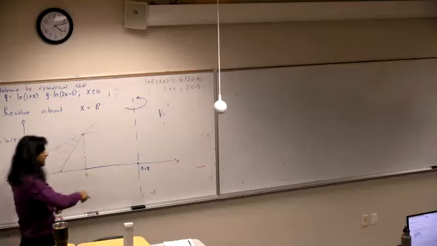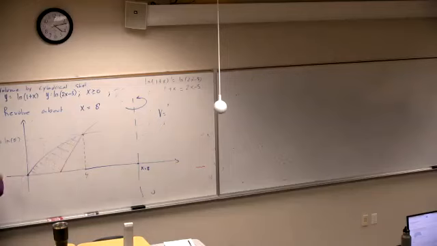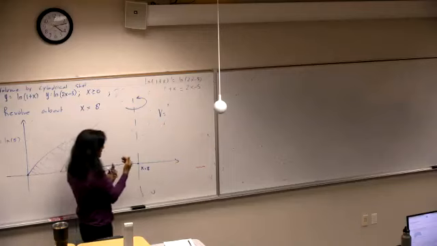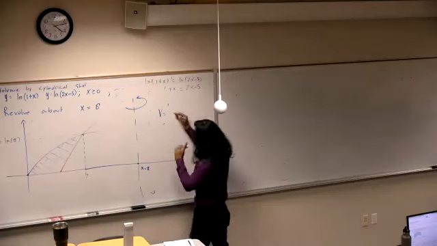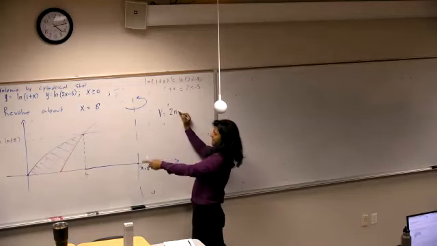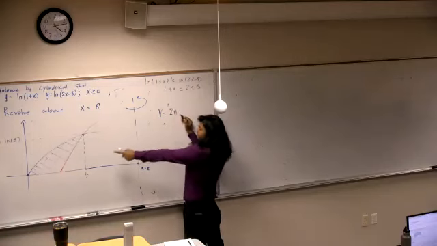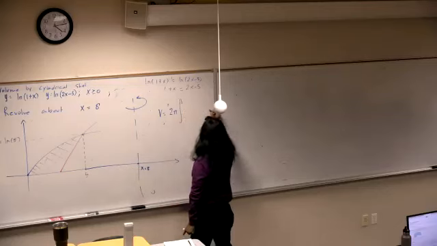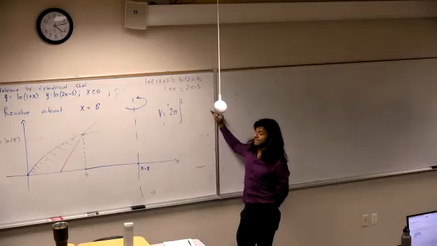Here, I'm spinning about an axis that is parallel to the y-axis. It is no different from spinning about the y-axis, just shifted. So 2 pi, spinning about an axis parallel to the y-axis. So this has to be, is it dx or dy?